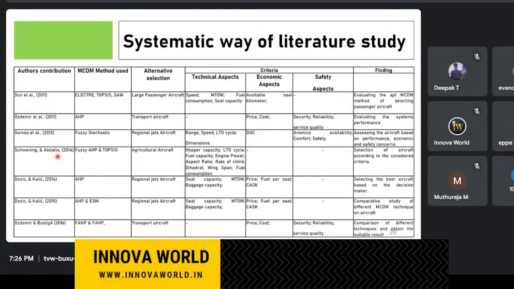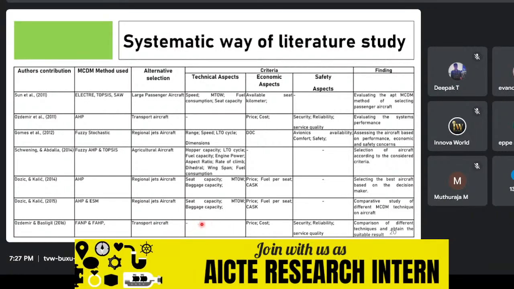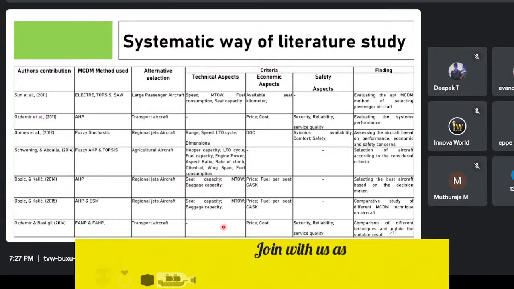Now similarly, if I go to the last one here, there's some particular author who has worked on another critical method, worked on transport aircraft, but here she has not worked on any sort of technical aspects.